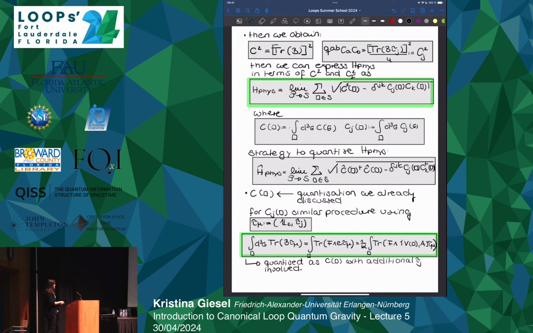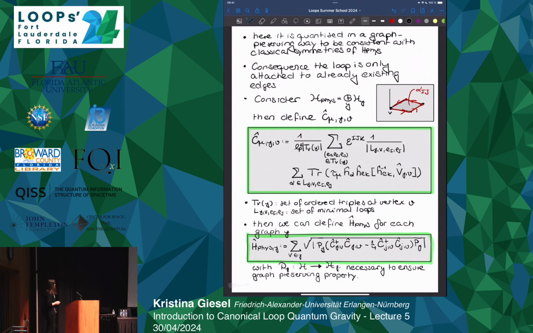Now we can do the same way of writing the classical quantities in terms of Poisson brackets that we have used before, where we discussed in detail how this can be done for C of delta. And you apply the same techniques here in order to finally quantize this expression.